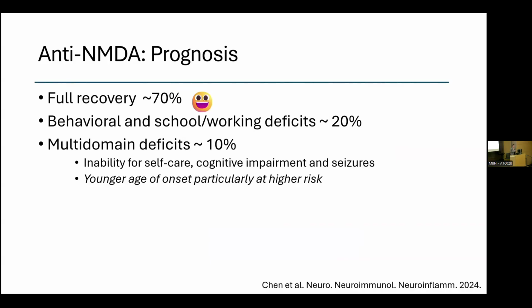So we'll have more significant cognitive impairment, maybe ongoing epilepsy, and will have more struggles and will need more support. If you're younger at age of onset, you're at a particularly higher risk of falling into this category. So definitely something to think about if you're caring for a younger kid in particular, that this kid may need a little bit more support in the outpatient setting.